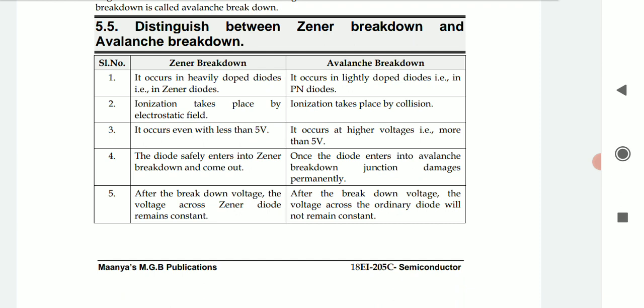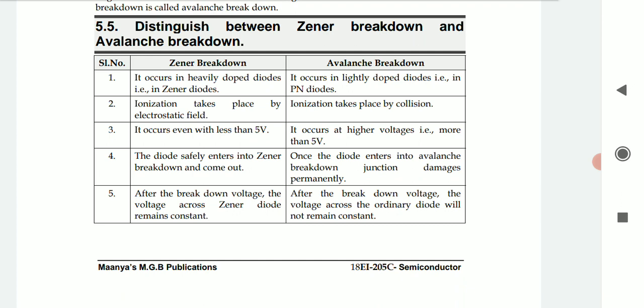Next point, ionization takes place by electrostatic field in the Zener diode, whereas in avalanche, ionization takes place by collision and multiplication of minority charge carriers. Next, the Zener breakdown voltage may be less than 5 volts, whereas avalanche breakdown is greater than 5 volts.